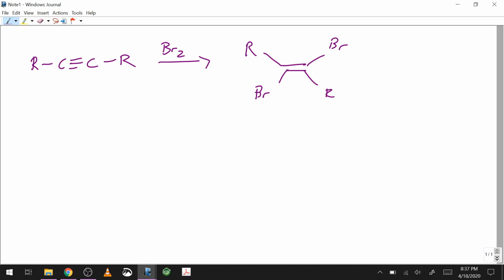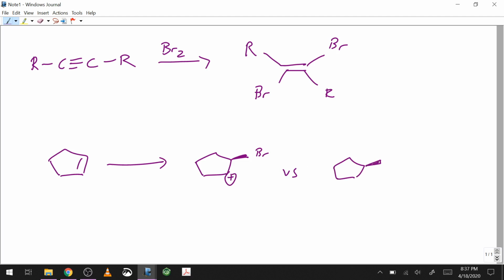Now, how did that happen? When we did this with an alkene, remember, we had kind of a question about whether this was sufficient to block one side, or whether we actually had to talk about the nucleophilic attack coming with that three-membered ring instead.